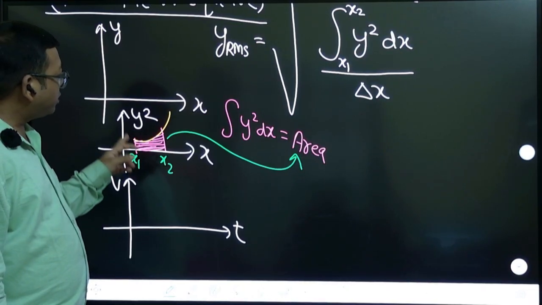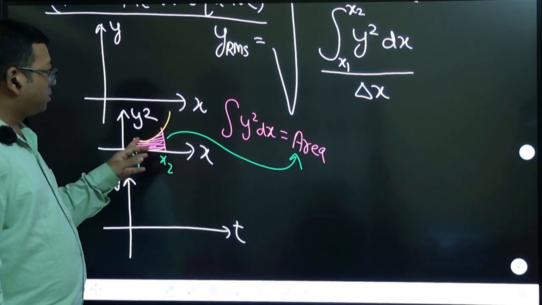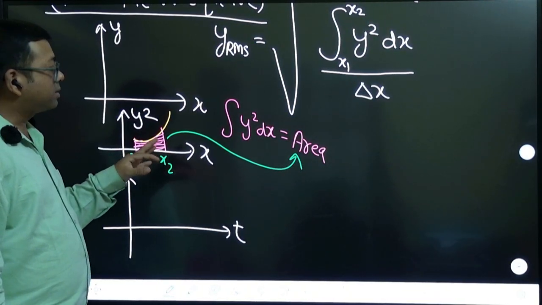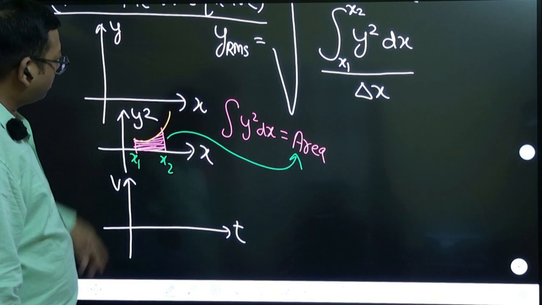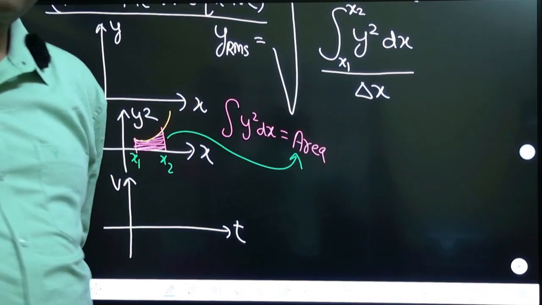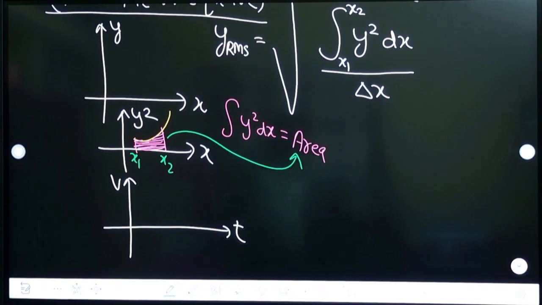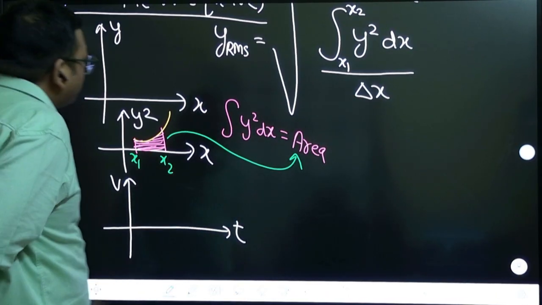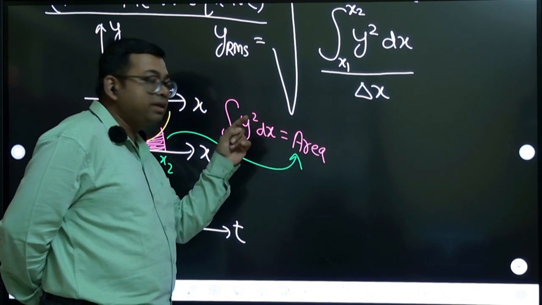No, no. Y square x graph, that area you have to take. We cannot use that, because this integration is with respect to x. Why do you need to bring a function of x?